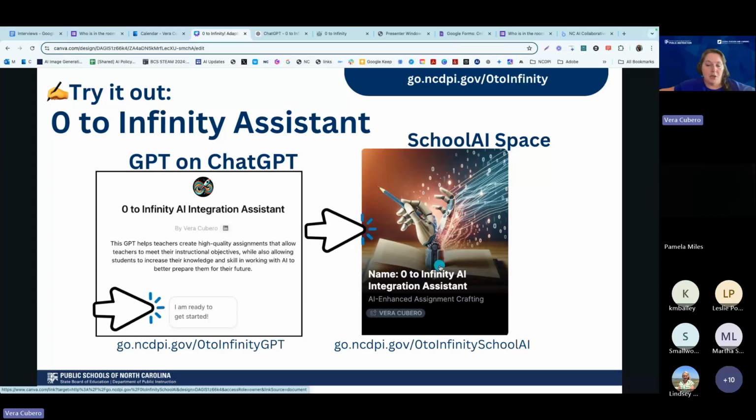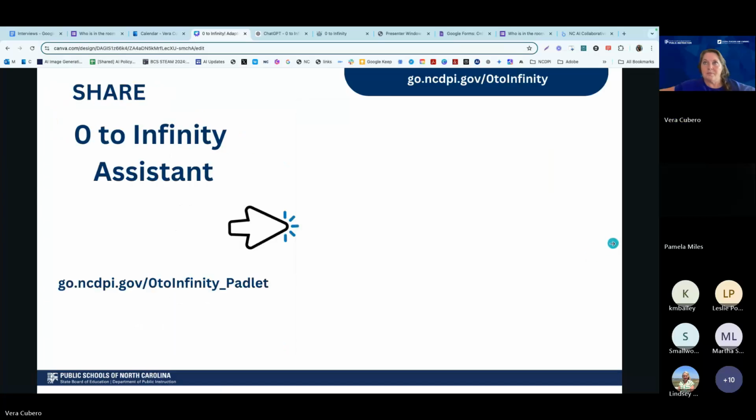GPTs are available on the free version of ChatGPT now, which rolled out in their spring updates. But if you've exceeded your use of the free tool for the day, it may kick you out if you use it multiple times. So the School AI one is a backup if needed.